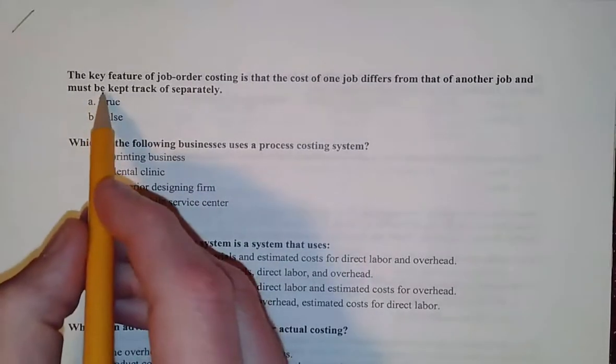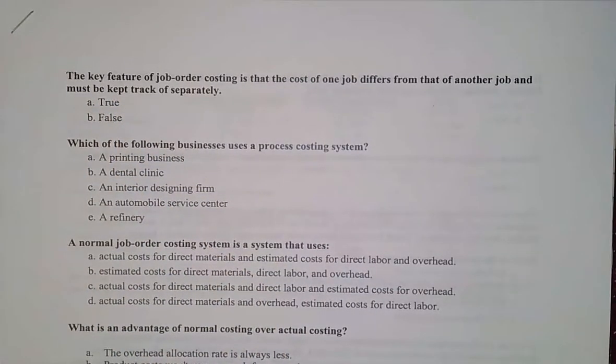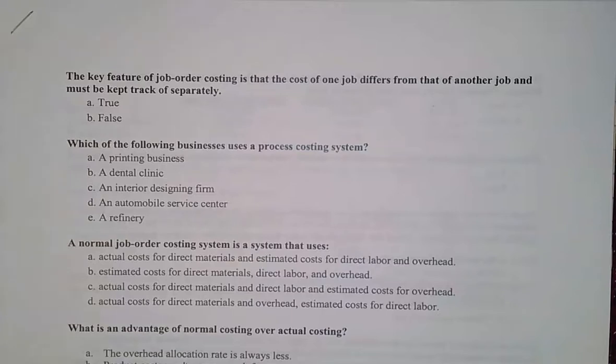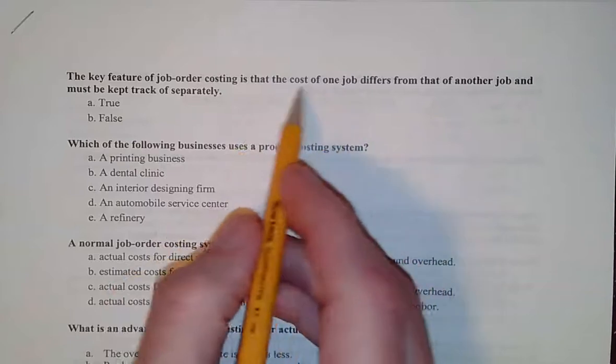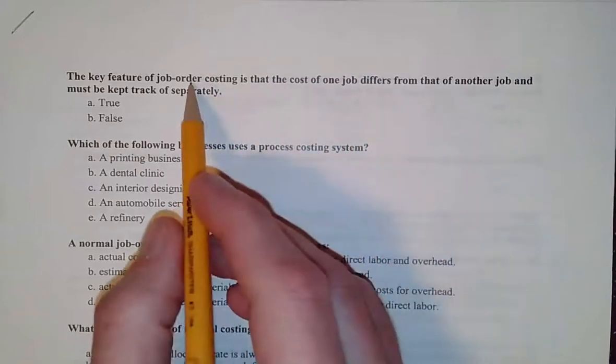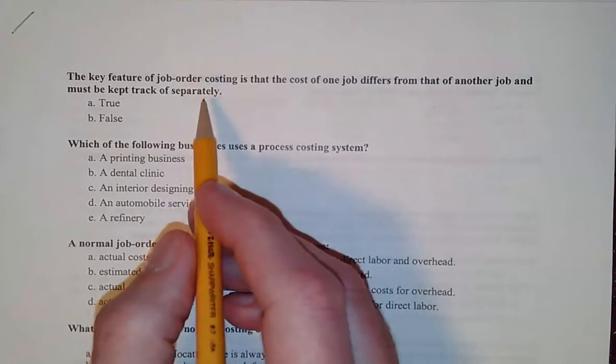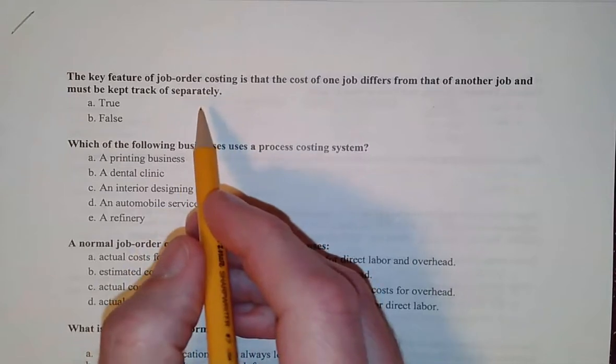So it looks like we're going to start off with a true-false question, and it says the key feature of job order costing is that the cost of one job differs from that of another job and must be kept track of separately. And what they're trying to basically say here is, okay, does this definition fit job order costing, or does it fit what we would call process costing?